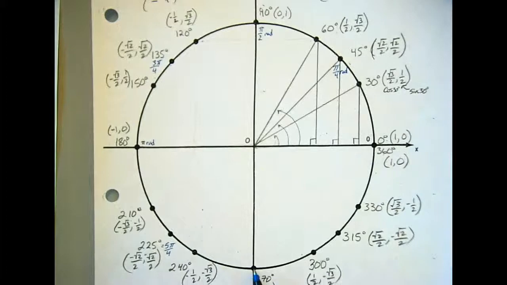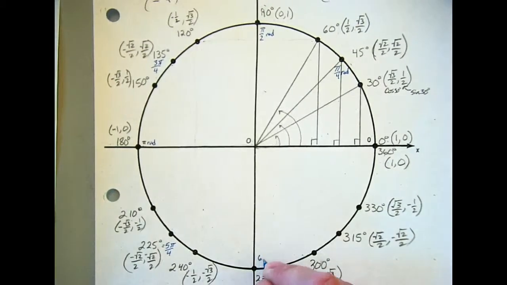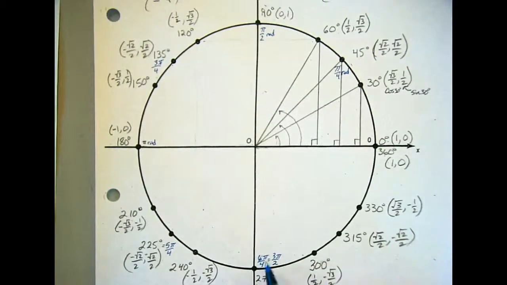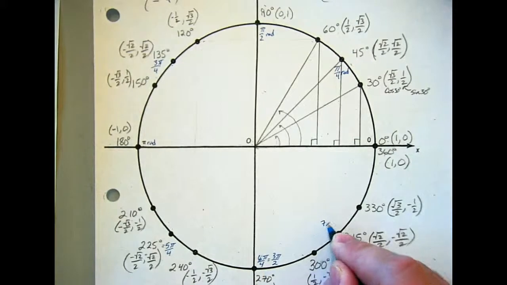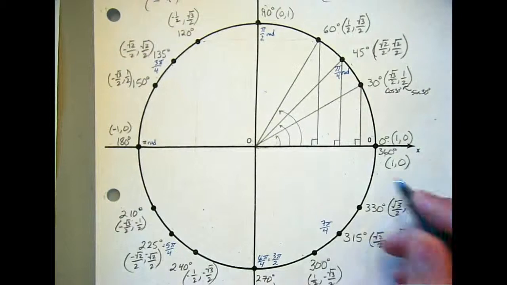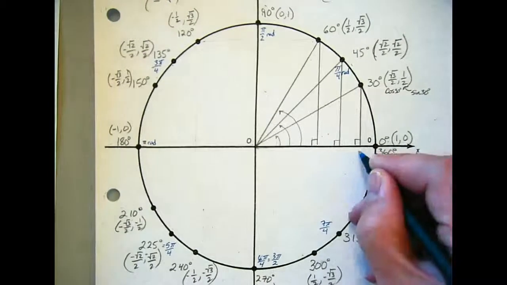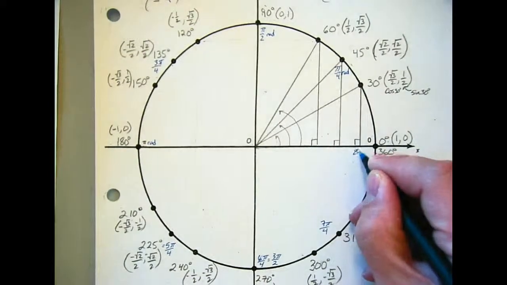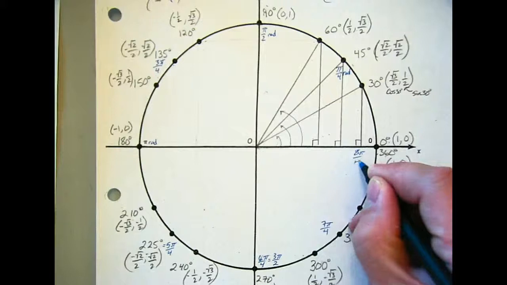Keep going. 6 pi over 4 radians, that's the same as 3 pi over 2, and we always want to reduce just like we did in our coordinates here. So 6 pi over 4 reduces to 3 pi over 2, then 7 pi over 4. And then 360 is 2 pi, or 8 pi over 4.